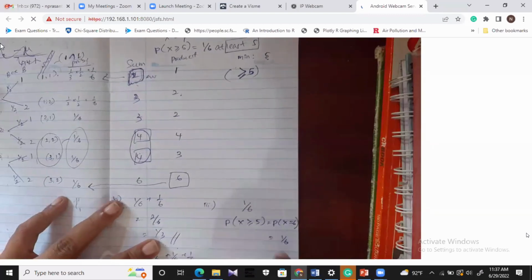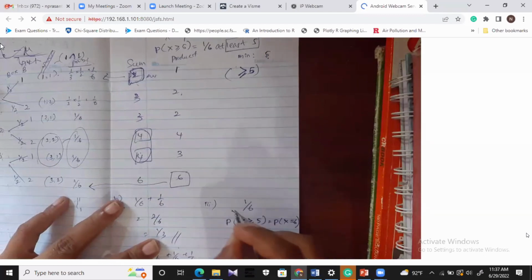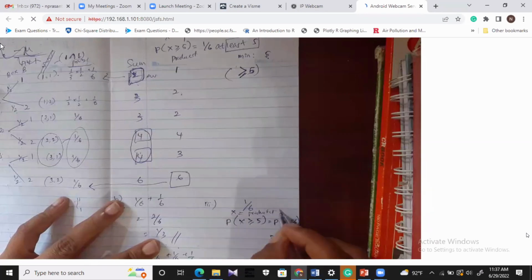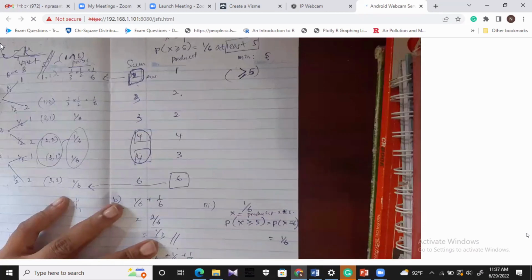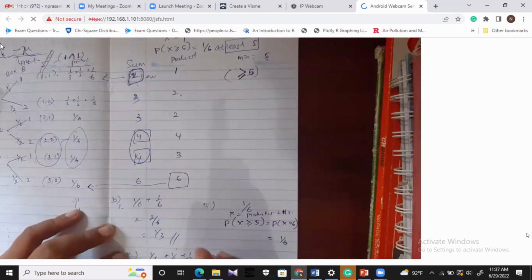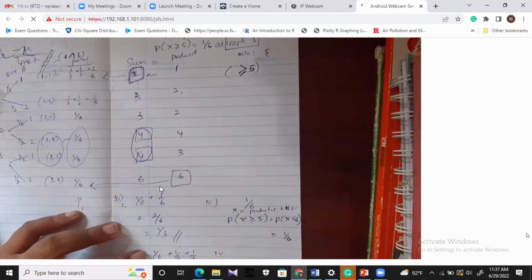But before that, you have to define the variable x. X is what? That's the event of the product of two numbers, right? Product of two numbers. Did you understand that? Now come to the fourth part.